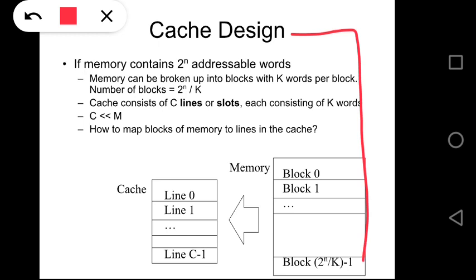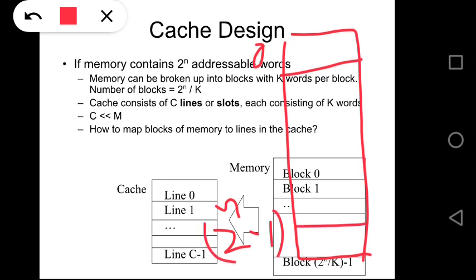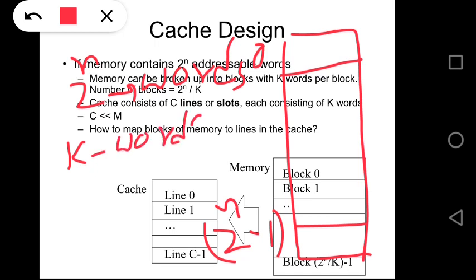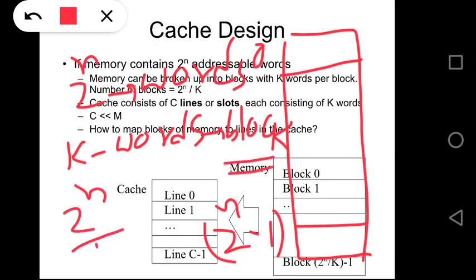First there are 0 to 2 power n minus 1 addresses, so total 2 power n words. I said group k words and call it as one block. So how many blocks? Simple, 2 power n divided by k number of blocks. It's a simple logic.